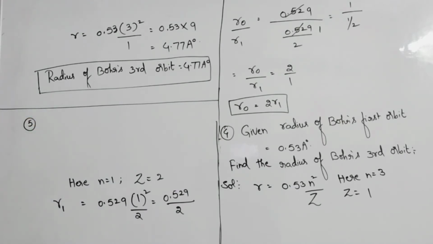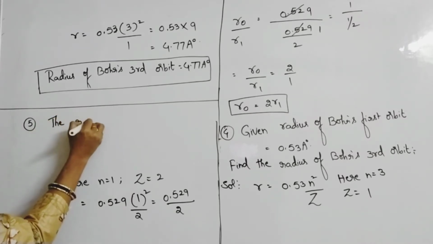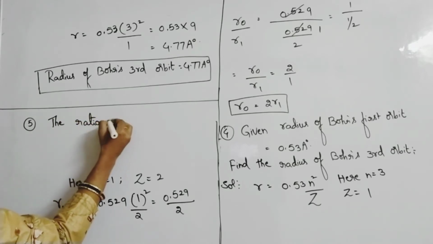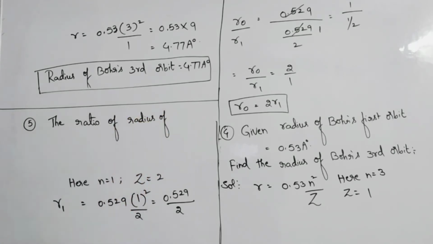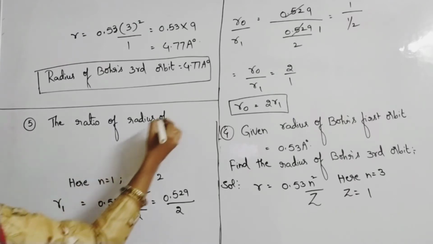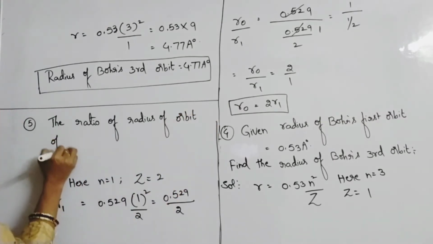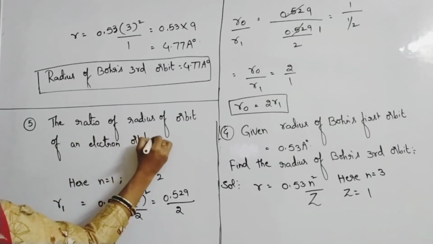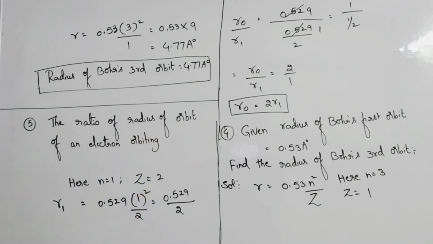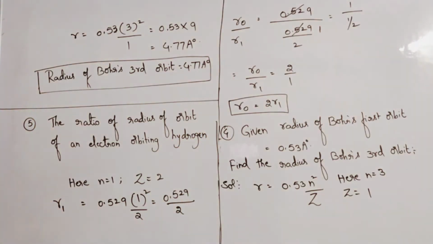Question number 5. The ratio of the radius of Bohr's orbit for an electron orbiting hydrogen to that of deuterium.